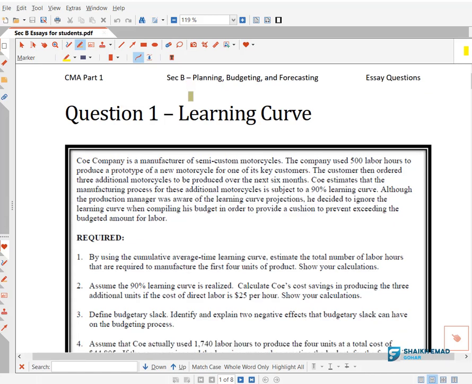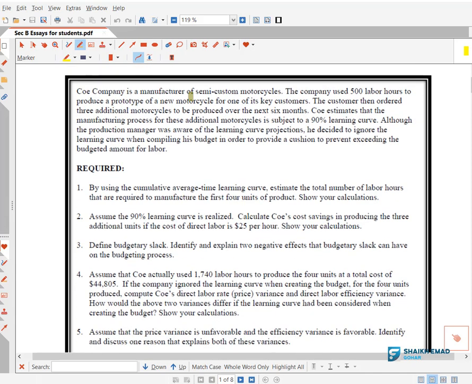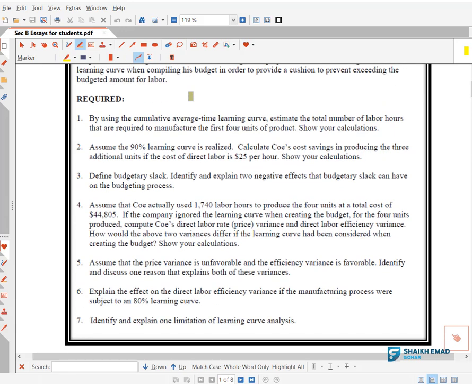Okay, so my friends, how many requirements are there? If you see, there are 7 requirements. So in your exam there will be 2 essay questions, and each essay question can have 4 to 5 or 8 requirements, depends. The more the requirements, the easier the question is for you.